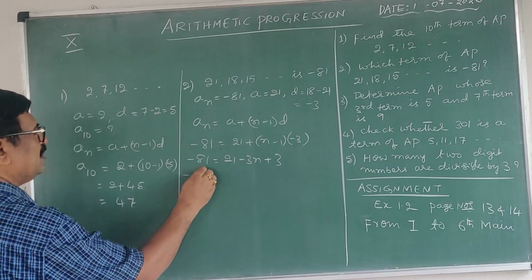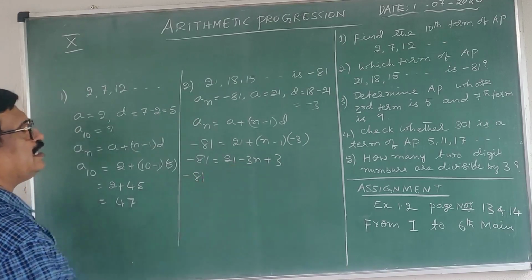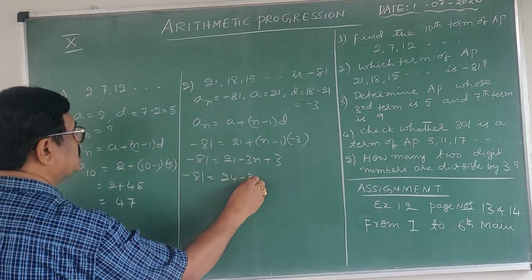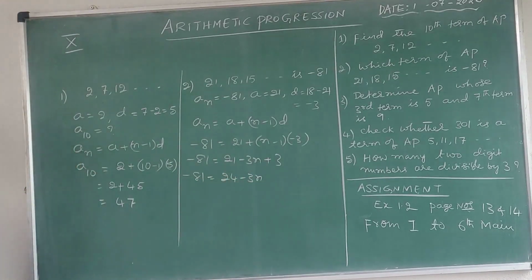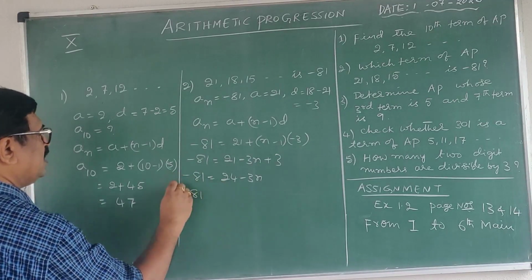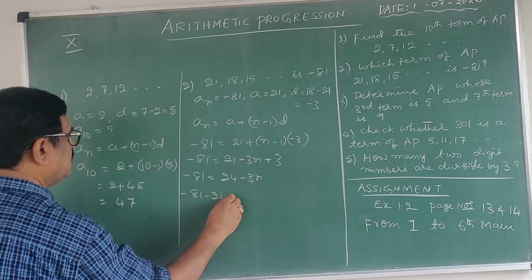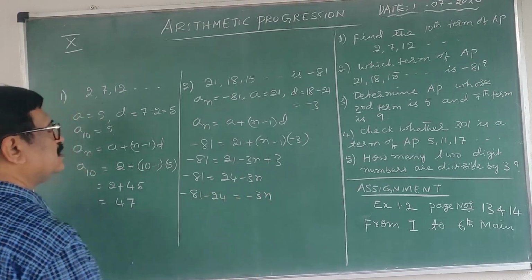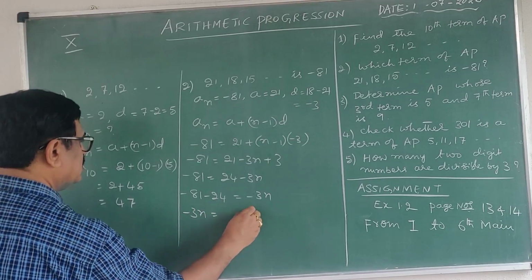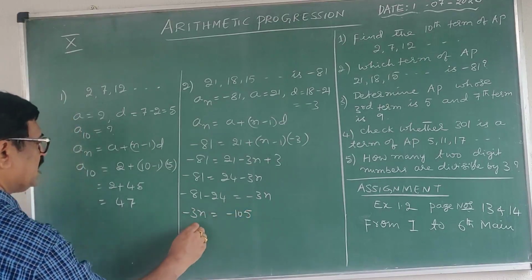So minus 81 equals 21 plus 3, it is 24 minus 3n. Then minus 81, bring 24 to this side, minus 105 is equal to minus 3n.